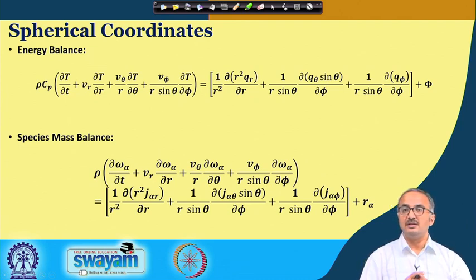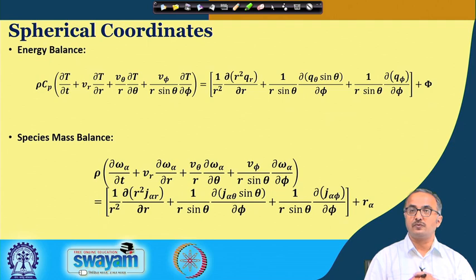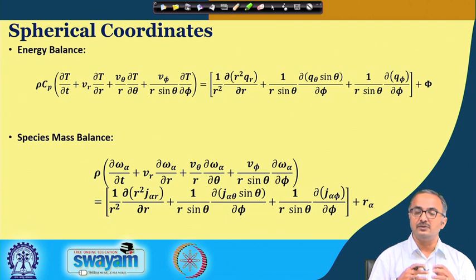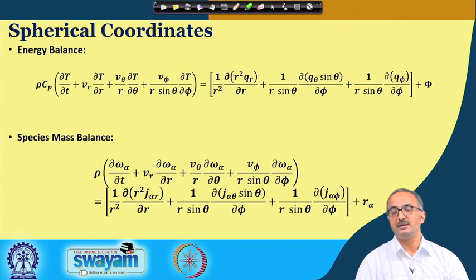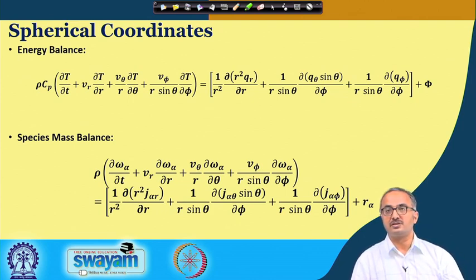Now, you can see that as we go from the Cartesian coordinate to cylindrical or spherical, the equations become quite complicated. However, please understand that at times it becomes easier to work with the cylindrical and the spherical coordinate depending on the shape of the particular system. Even though apparently they look complicated, in real terms whenever you make the balances, you will find that many of these terms go to 0 if you choose the appropriate coordinate system.